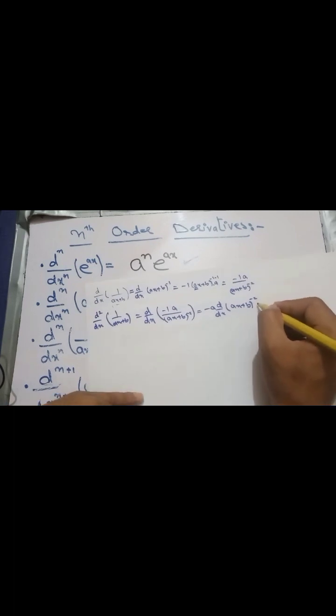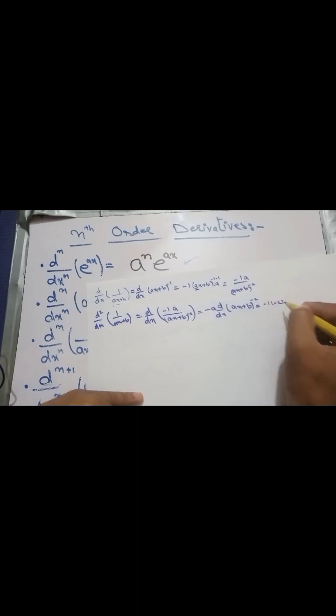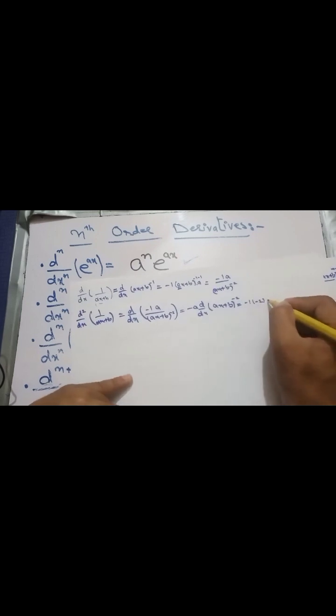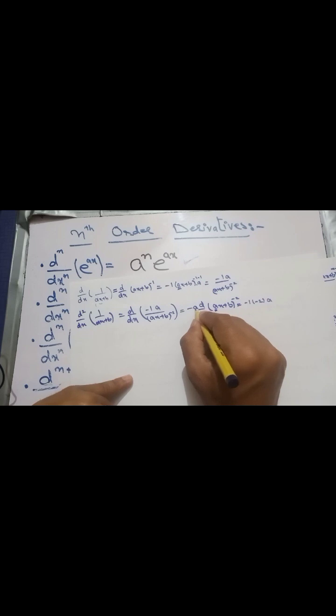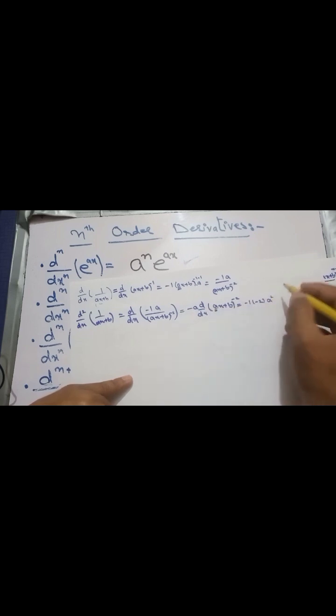After taking minus 2 at the start, the answer will be minus 1 into minus 2 into a. The minus 1 is already outside the derivative, and multiplied with a.